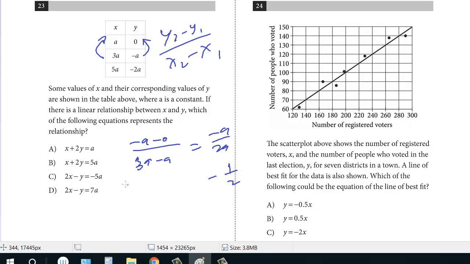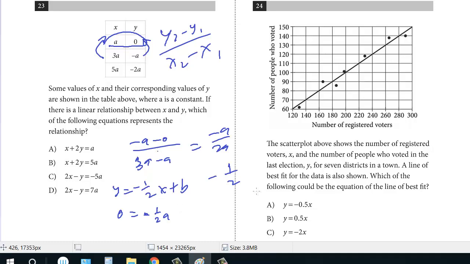That's our slope. And so if we start our equation, we know it's going to be y equals negative 1/2 x plus b. The last step is how do we find the b? Well, anytime we're given values that satisfy the equation that are on this line, we can just plug them in. Doesn't matter. I'm just going to plug in this first set. I'm going to plug in 0 for y and a for x. Okay, so this is going to be 0 equals negative 1/2 a.